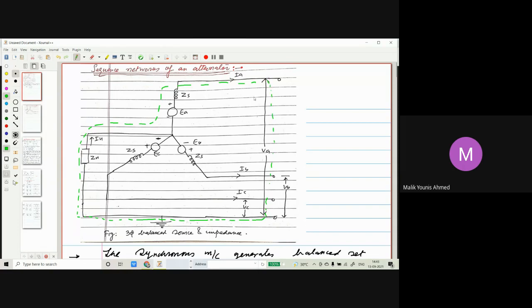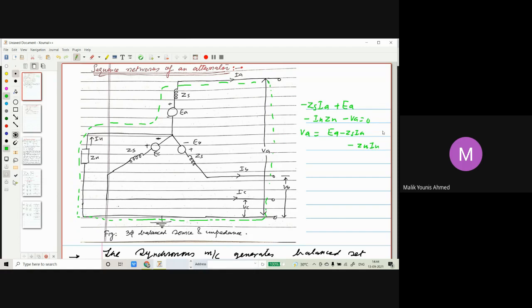KVL will start from here: plus EA, minus ZS IA, then moving from here again minus IN Zn, then moving from here to here, this is positive, this is negative, so minus VA, equal to 0. So VA can be written, taking it on the other side, as EA minus ZS IA minus Zn IN.